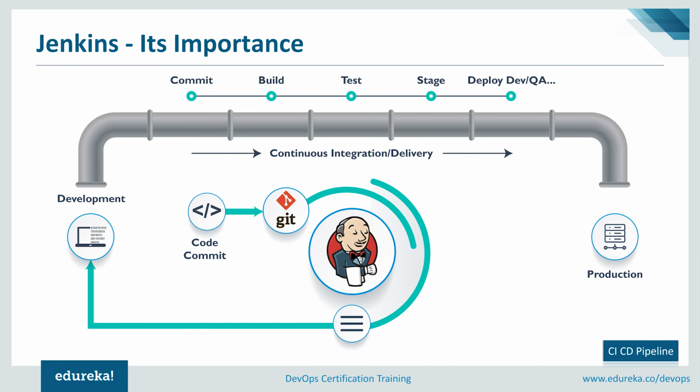Jenkins will pull that code and move it to the commit phase, where the code is committed to every branch. Then it goes to the build phase, where it will compile the code. After the code is compiled, validated and reviewed, the code is tested, and once all the tests are done, it is finally packaged into an application. It could be either a WAR file or a jar file.